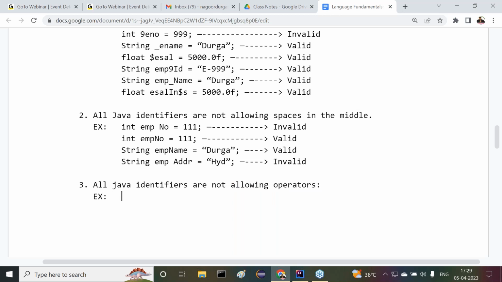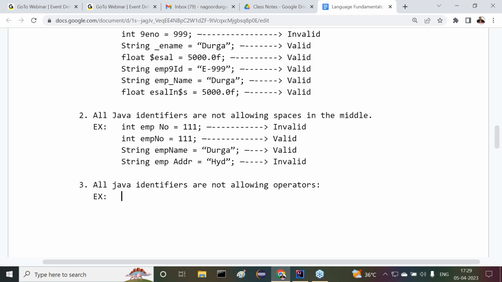Operators in the middle of the identifiers are not possible. Moreover, operators are going to be provided over the operands, not inside the identifier. So Java identifiers are not allowing operators.